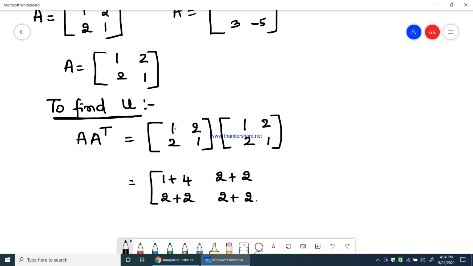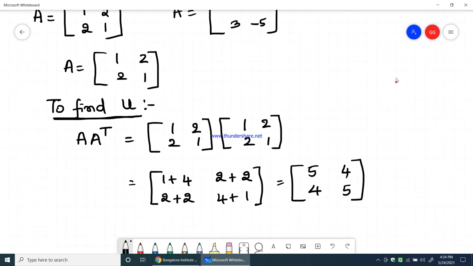Let me check once again. So A A transpose equals [5 4; 4 5].